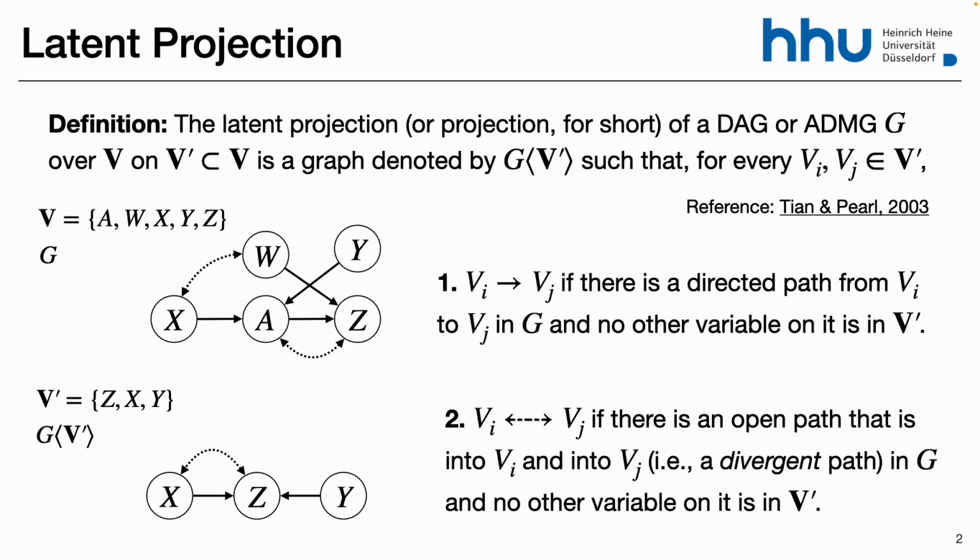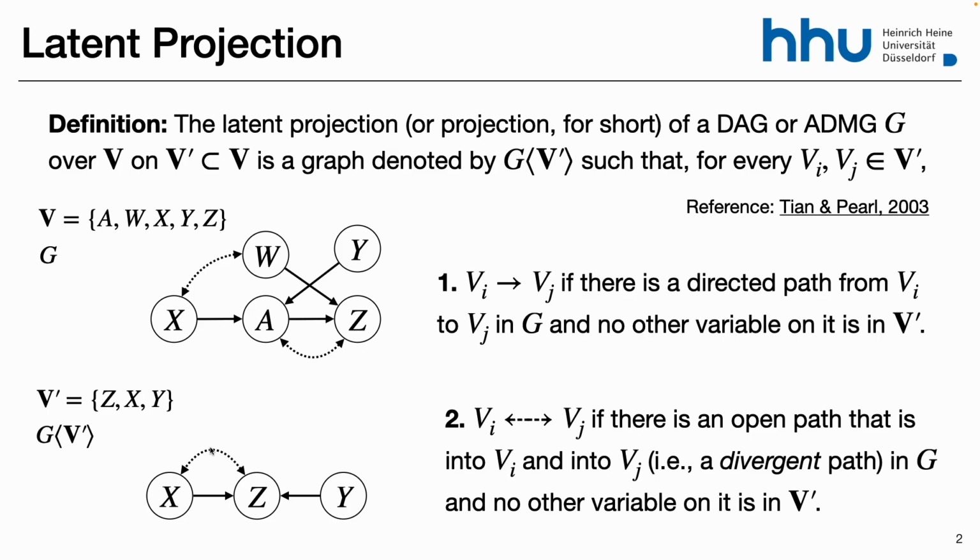I think that's hopefully x and z. Okay, I put the x and z first. X and z, that's what I talked about. So x and z exactly is what I was talking about. So we have now a bidirected edge between x and z.